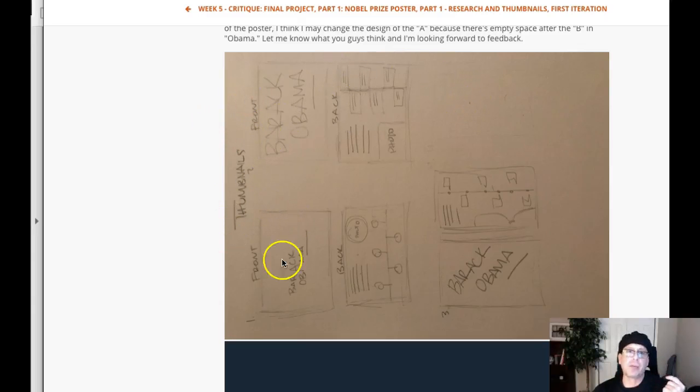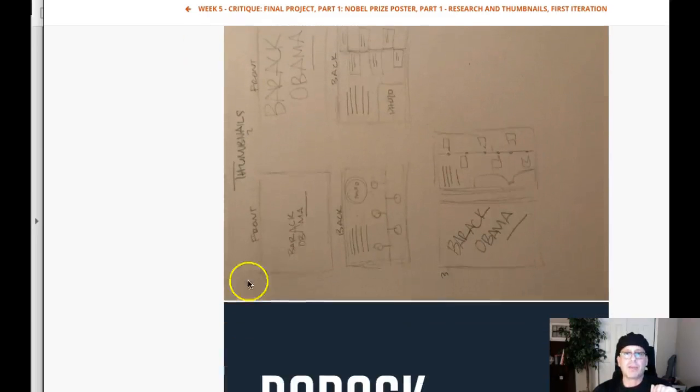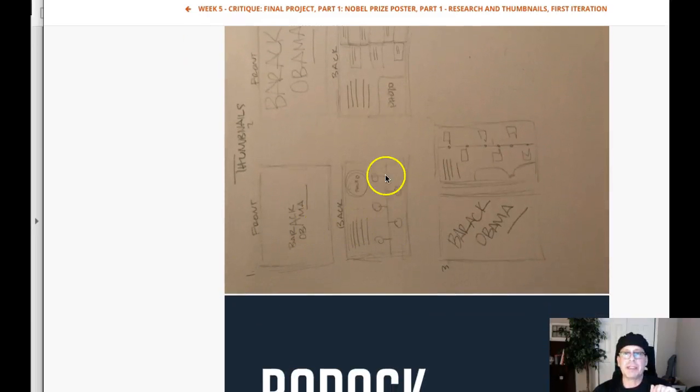This one is turned sideways, which makes it difficult for the viewer to look at. Keep that in mind in your presentations moving forward. You always want to make it as easy as possible for the viewer to look at your conceptual development, specifically in regard to sketches.